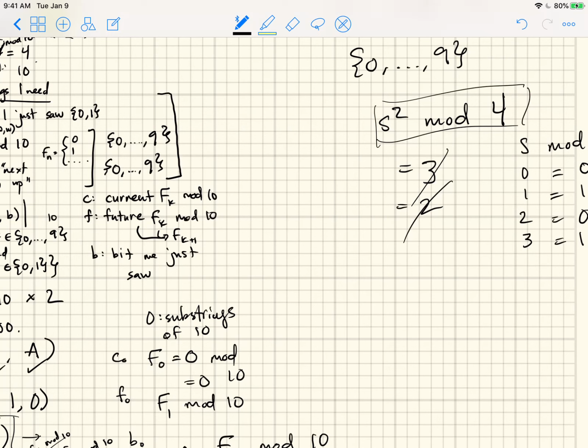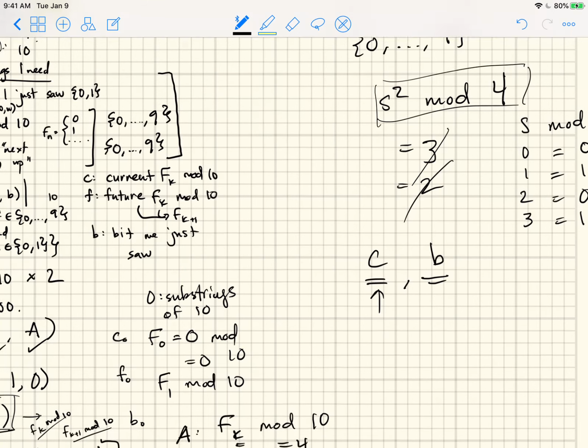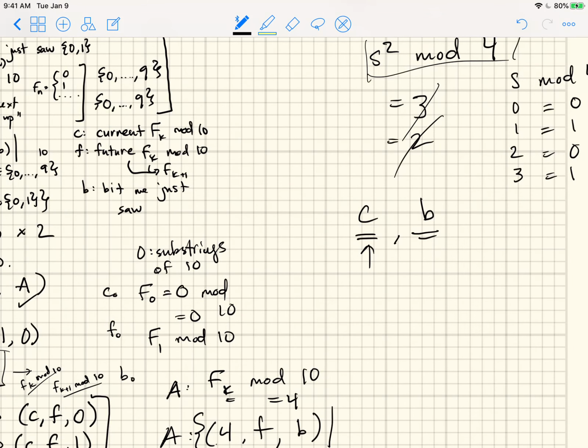That's because the only thing you'd need to encode is the current state you're in, and then the new bit you've seen. Okay, and then you might be asking, well, why don't I have to include the previous state? Well, the observation they make is the Fibonacci numbers define a repeating sequence with period 60, which means if I have F0, F1 all the way up to F59, this defines some sequence.